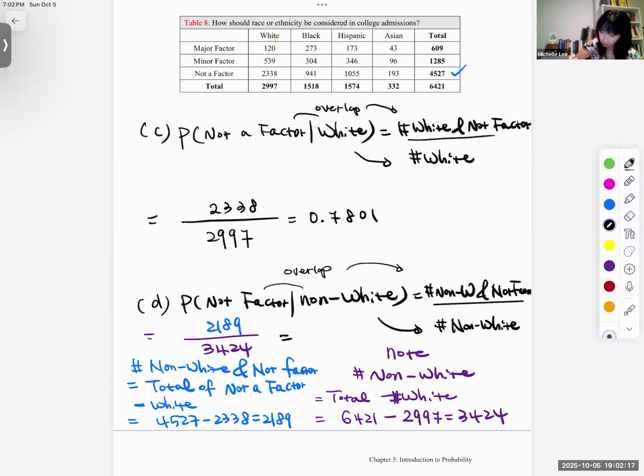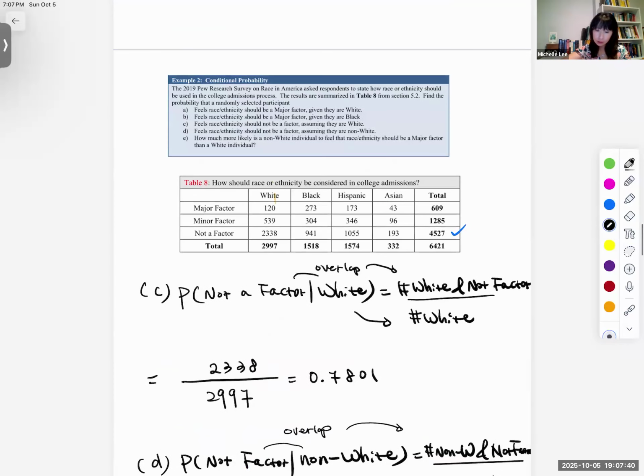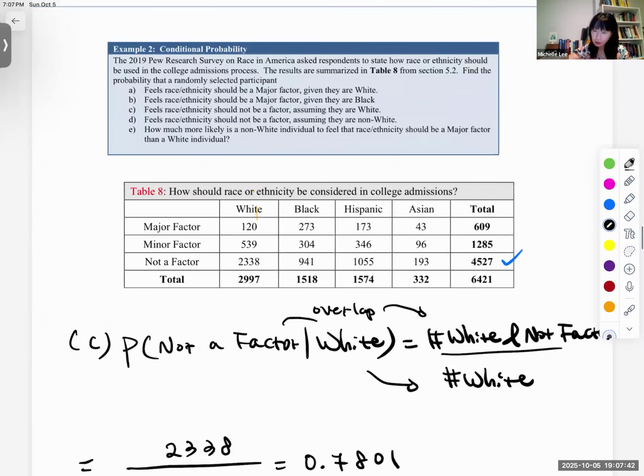Then can you please calculate? Yeah. All right. So that will be 0.6393. Is that okay? Okay, let's take a look at the last question.